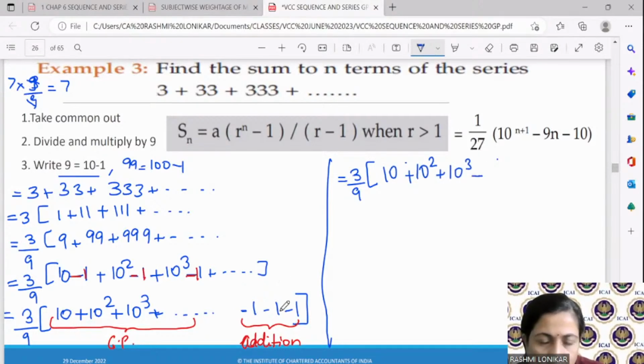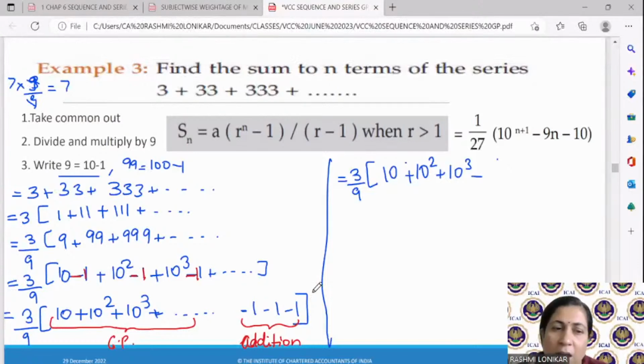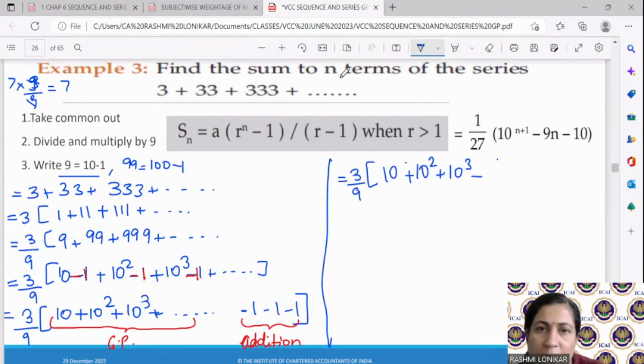How many ones do I have? N ones I have, because I'm going up to n terms. So this is minus n. Minus 1, minus 1, minus 2. Minus 2, minus 1, again minus 3. This series is also going to continue. So this is minus n.